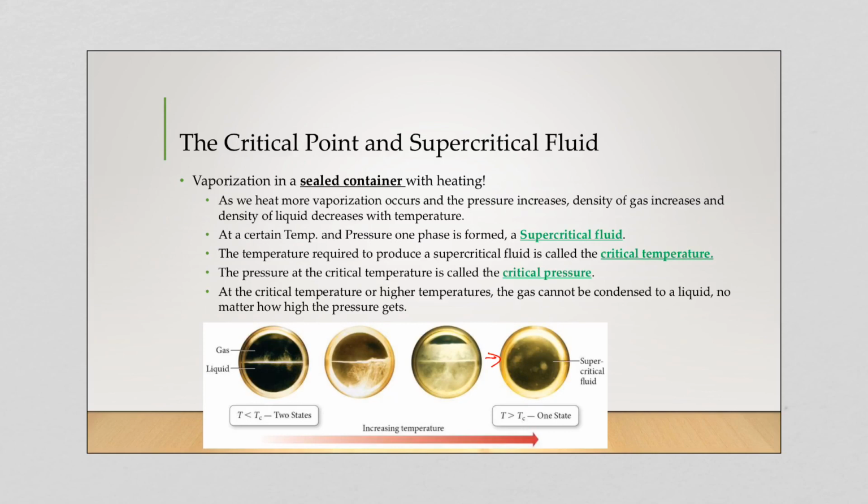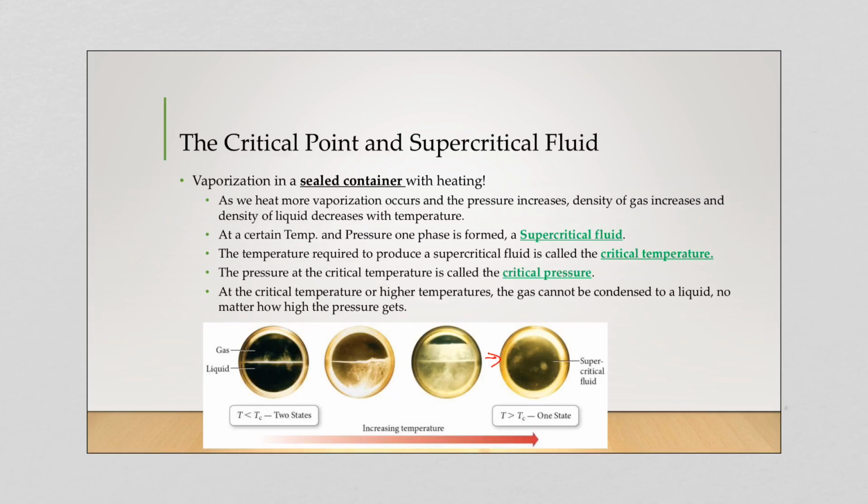Once you're at the critical temperature or above it, you can no longer go back and forth between the phases. There is no gas and liquid anymore. You have this one phase now. So as long as you're above that temperature, there is no gas to liquid transition.